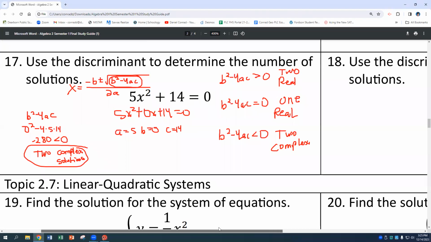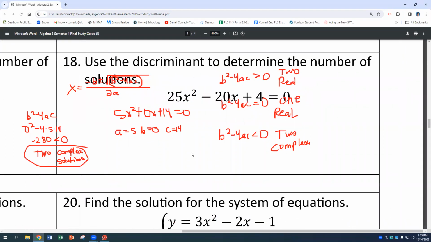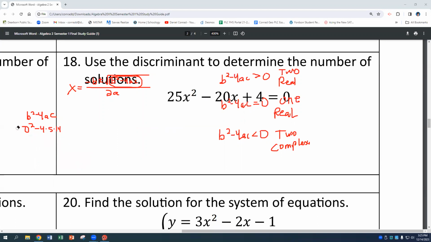All right, the next one. Basically the same thing. Okay, so on this one, A is going to be 25. B is going to be negative 20. And C is going to be 4. So our discriminant is going to be b squared minus 4ac.